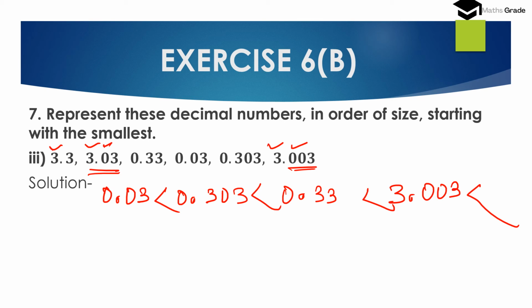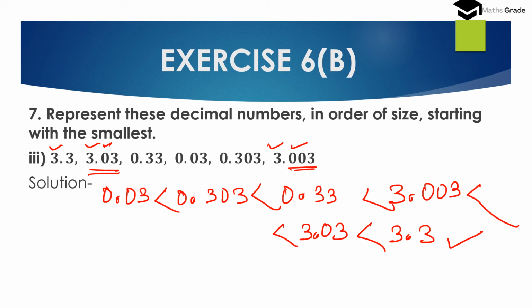Now after 3.003, the smallest decimal is 3.03 because 3 is in the 100th place. Now 3.3 is the largest decimal. So the largest decimal is 3.3 and the smallest decimal is 0.03.